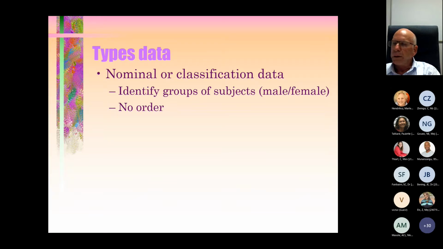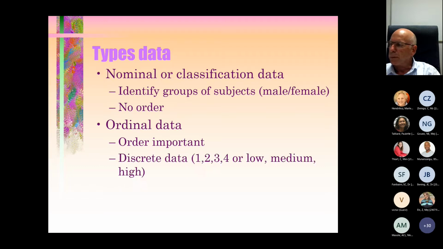Okay, then the second type is ordinal data, and as the name indicates, the order is now important, but the distinction here is that it is still discrete outcomes. Typically, if you are counting things, then the counts are discrete outcomes: 1, 2, 3, or 4.